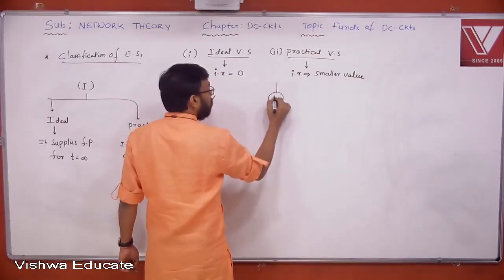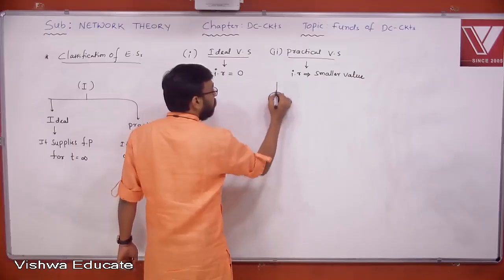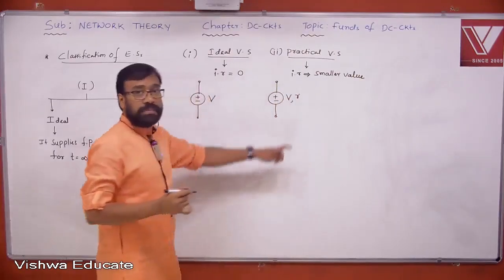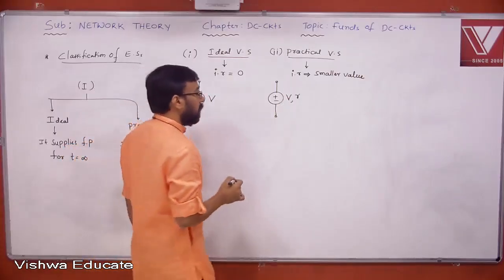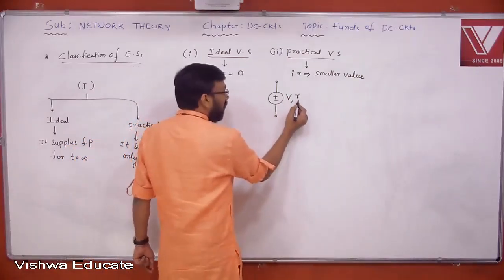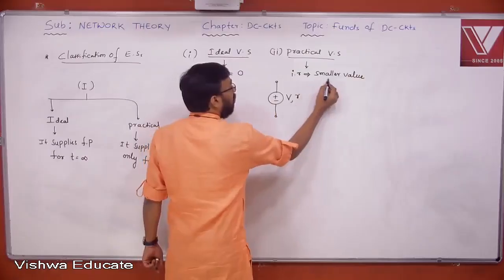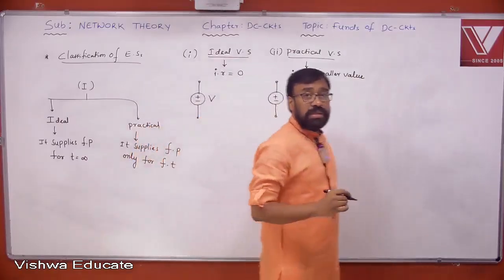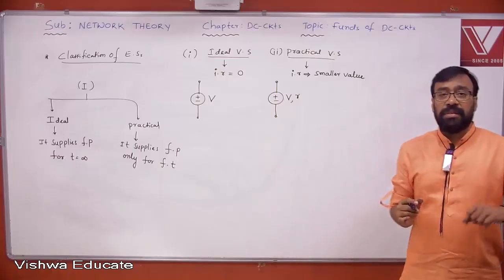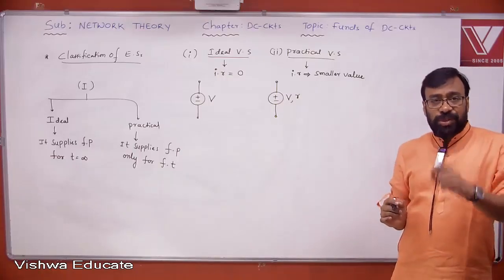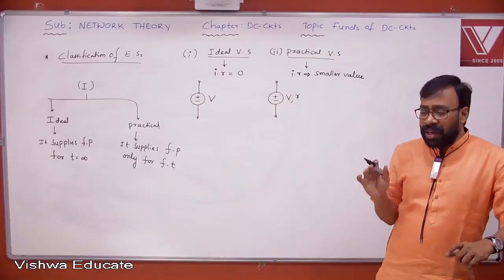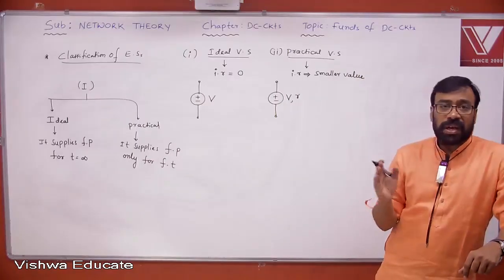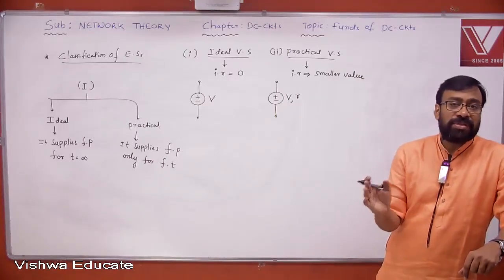Now look at this. Plus minus V, comma, smaller. What is smaller here? The smaller refers to the internal resistance value. But you know that in network analysis, the most important assumption is that all elements are ideal, whether it is a voltage source or current source or resistor, inductor, capacitor.